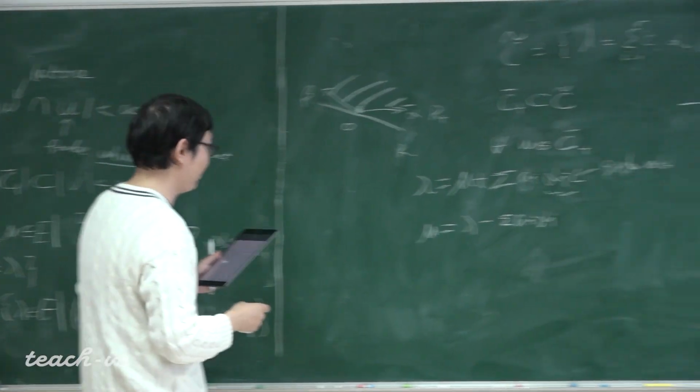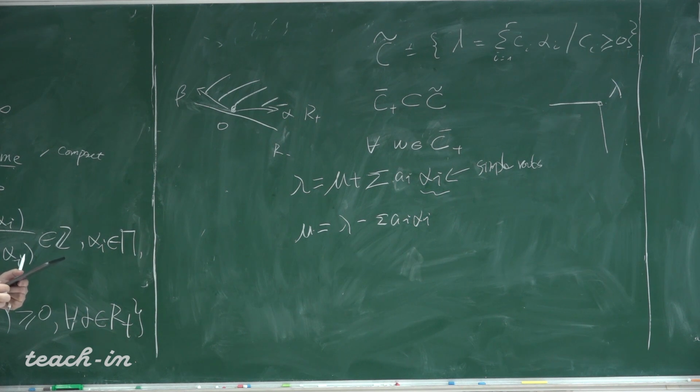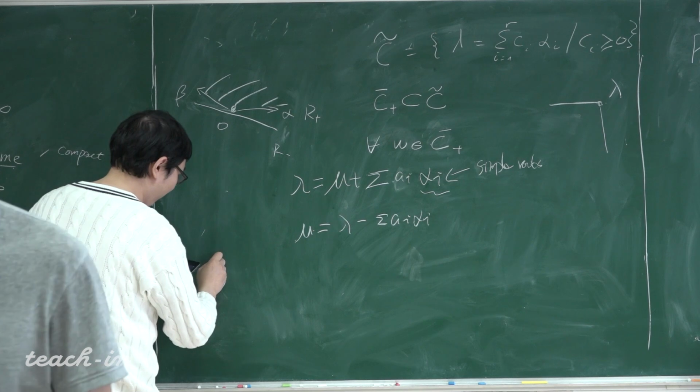Okay. And the second problem is: any weight subspace of a Verma module is finite dimensional. What does it mean? Let's just recall some facts.